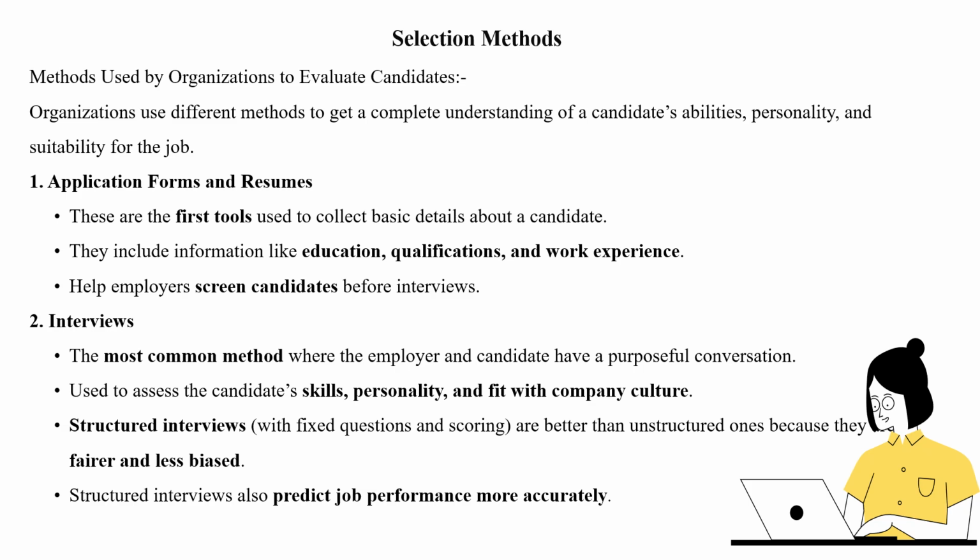A resume is a short document that provides information about the candidate's education, skills, work experience, achievements, certifications, and contact details. An application form is a standardized form provided by the organization that the candidate fills with their personal and professional information. These are the first tools used by the HR department to collect basic information about the applicant.